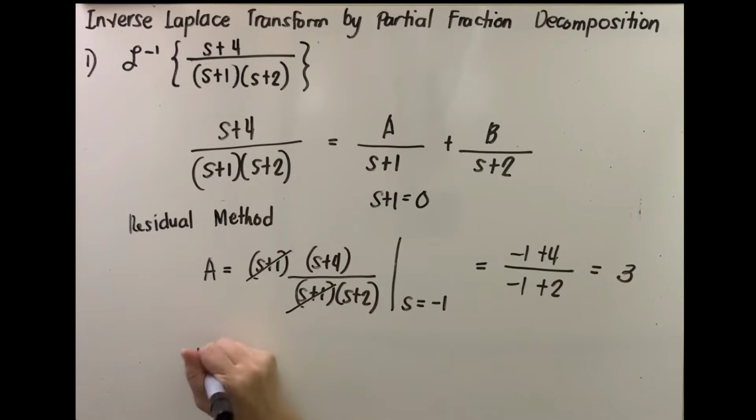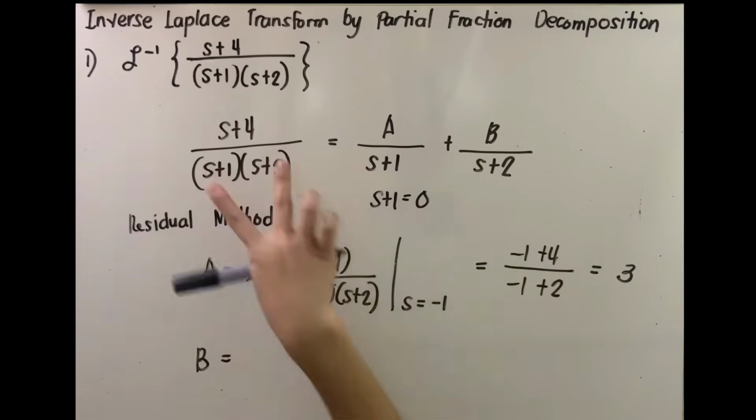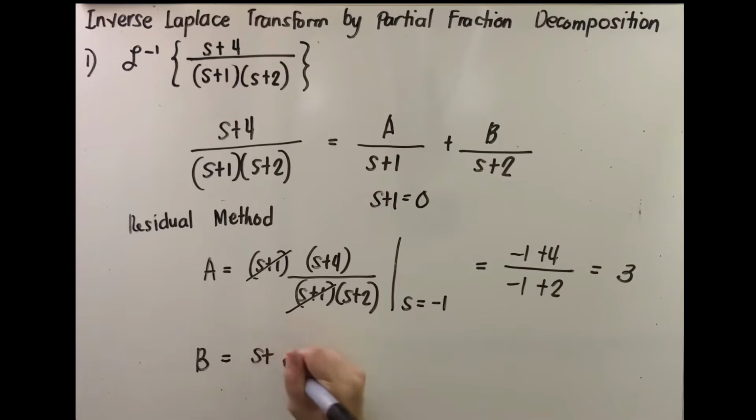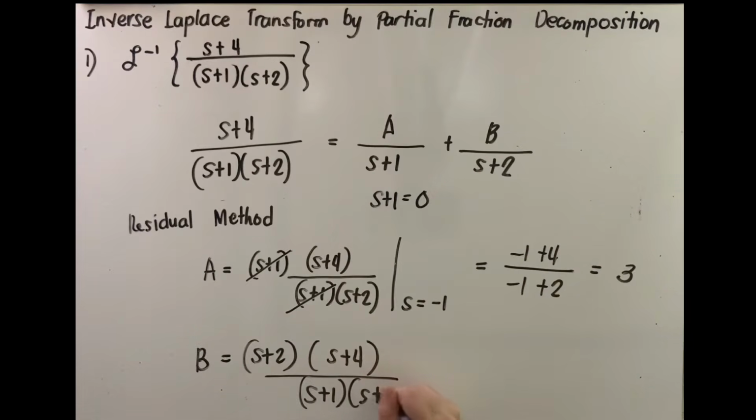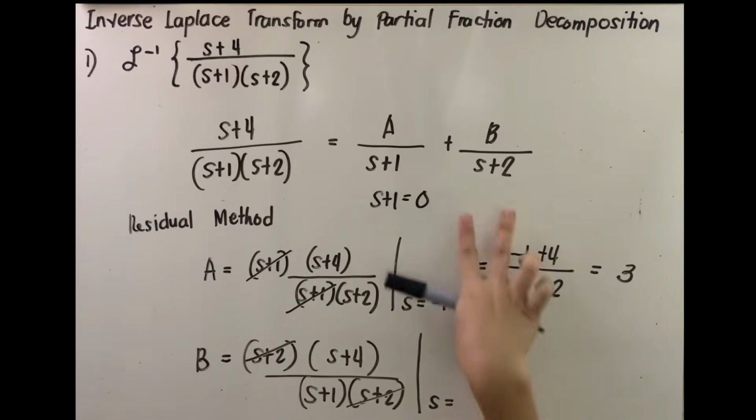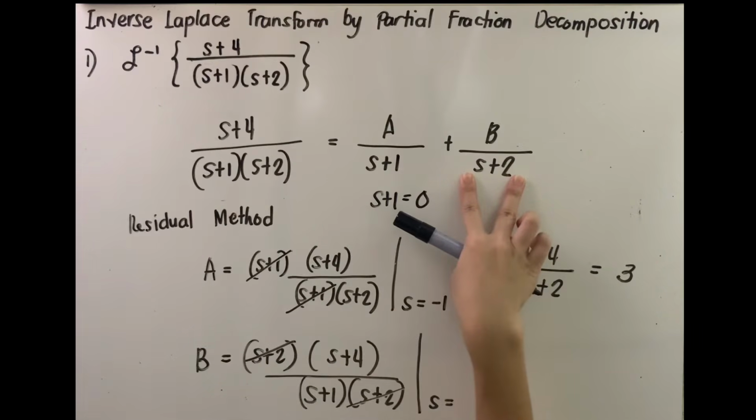So, if I'm solving for b, it means I will multiply the given by its denominator. So, that's s plus 2 multiplied by s plus 4 all over s plus 1 times s plus 2. And in this case, s plus 2 will be cancelled. And then the remaining terms will have to be substituted with s equal to what? So, i-equate mo lang to sa 0, yung denominator ni b.